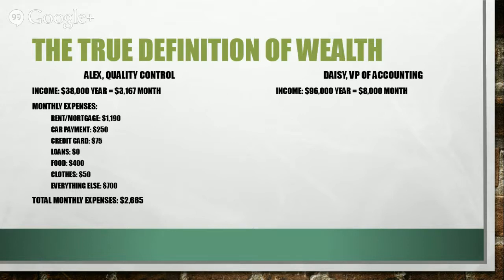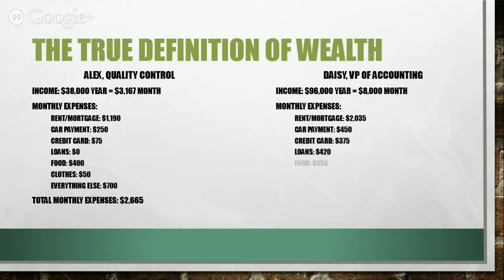And everything else, this can be maybe what he spends in gas, possibly some other things he might be buying. Maybe he gives to charity, but everything else that he spends in a given month is about $700. So his total monthly expenses, if you add all of this up, is $2,665.